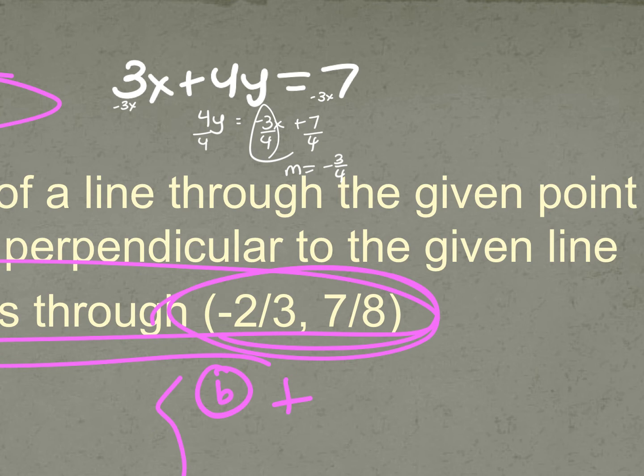A shortcut to finding slope when an equation is given in standard form like this, ax plus by equals c, is m equals negative a over b. So negative 3 over 4. That's how you can use a shortcut if it's in standard form to find the slope of that line.